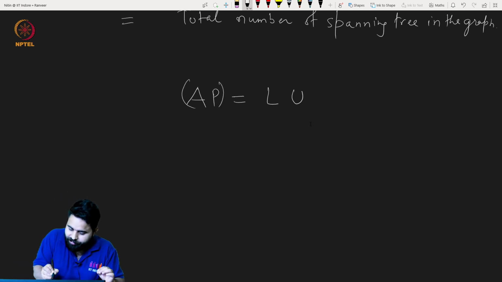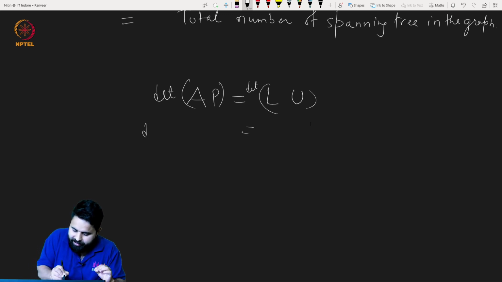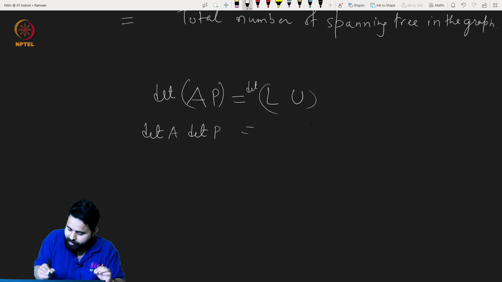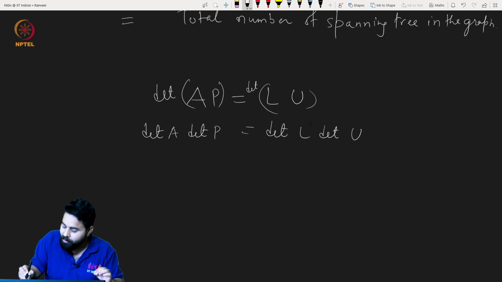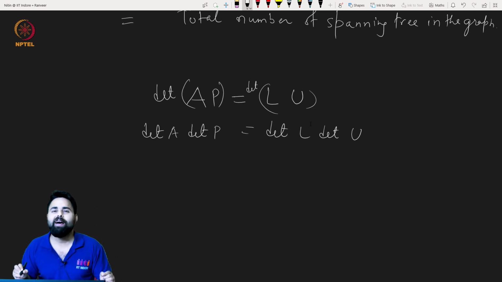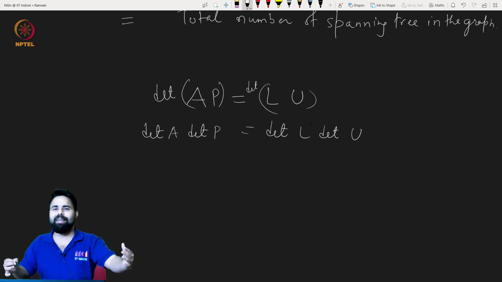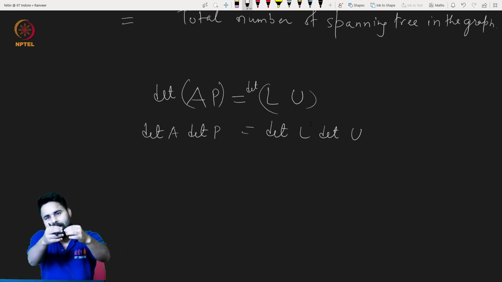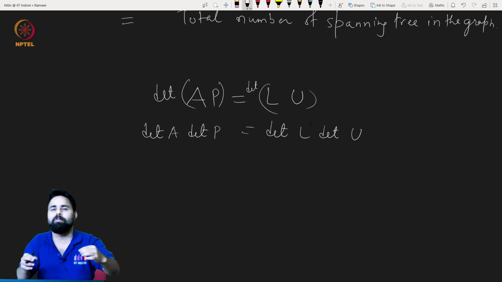The determinant of A can be written more precisely as the determinant of P times the determinant of L times the determinant of U. The determinant of L, a lower triangular matrix, is just the product of its diagonal entries.